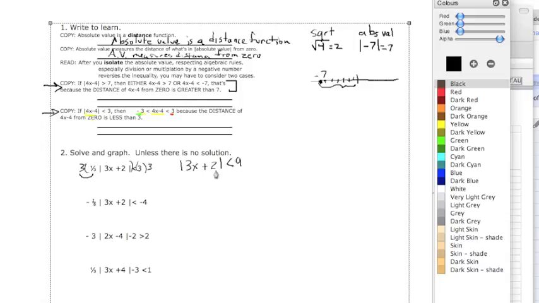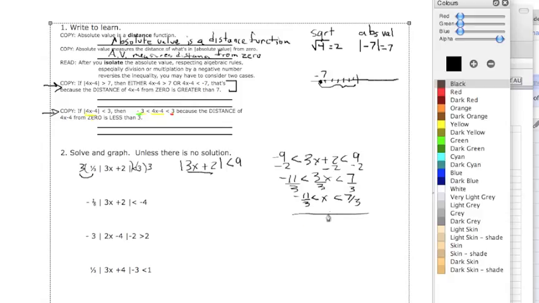Well, we want 3x plus 2 has got to be between positive 9 and minus 9. Subtracting 2 from both sides, we get 3x is between 7 and negative 11. Dividing by 3, we get x is less than 7/3 and greater than minus 11/3.